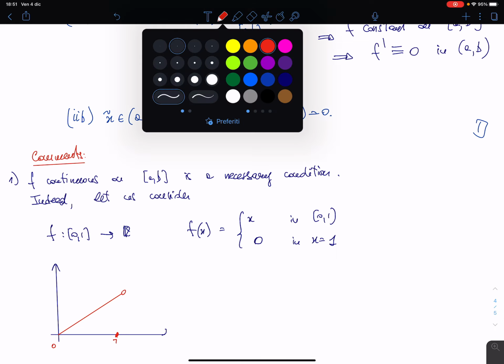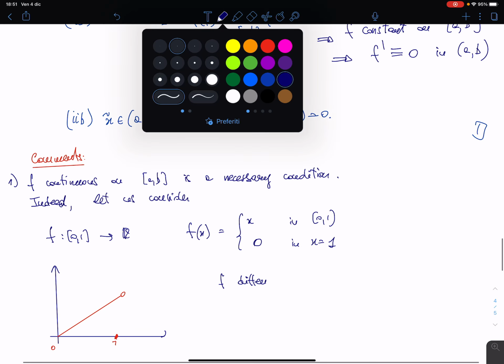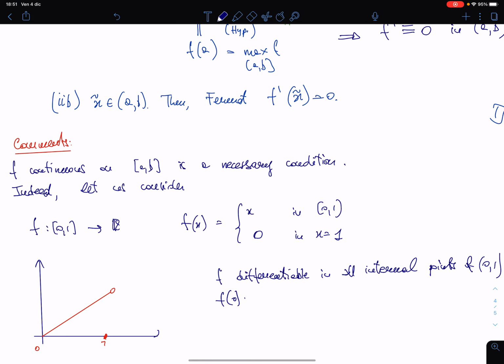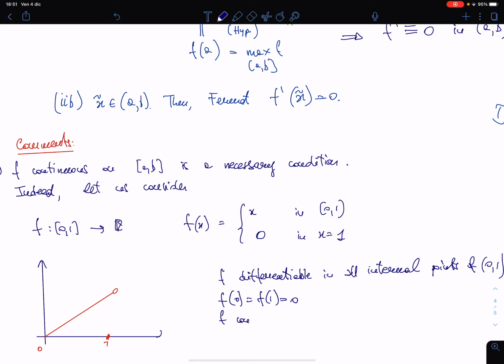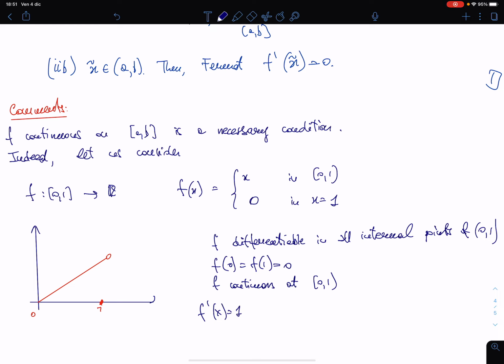So even though f is differentiable in all internal points of (0,1), and moreover f(0) is equal to f(1), which is equal to 0, f is continuous in (0,1) but not at the border, and f'(x) is equal to 1 for every x in (0,1).